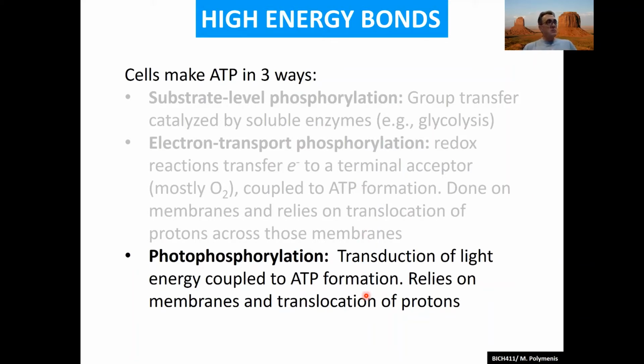So again, you charge the battery. You use light to increase the energy of some electrons, and as the electrons move to some terminal acceptor, you charge your battery again, and you can use that voltage to drive formation of ATP in exactly the same way as in ATP synthesis by oxidative phosphorylation. So these are the three ways that cells can make ATP.